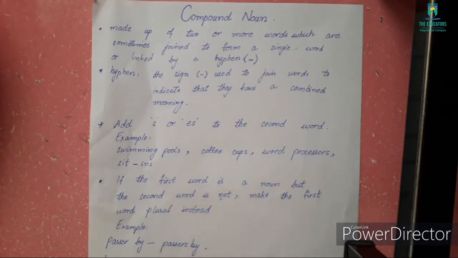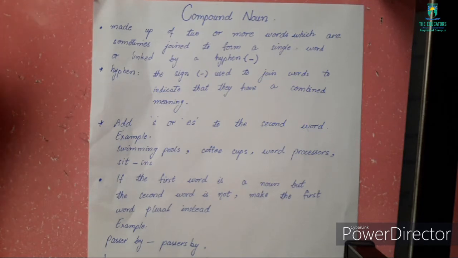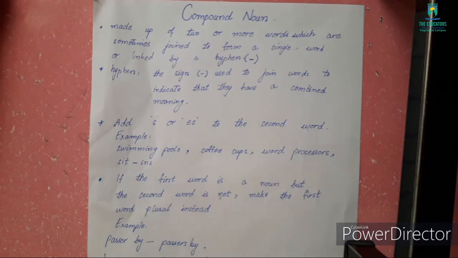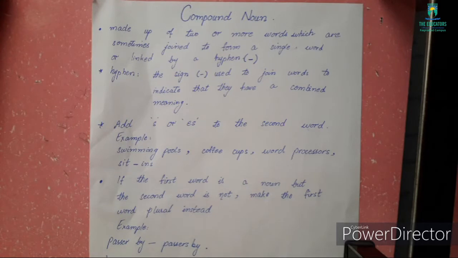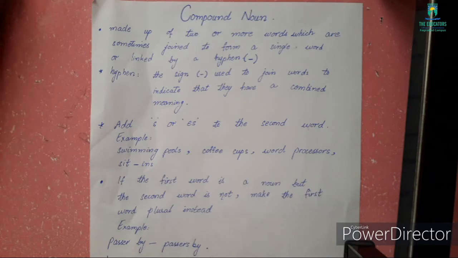For example, coffee cups. Now coffee is a separate noun and cups is another noun. So they have joined these two nouns and they make a compound noun, coffee cups. Similarly, another example can be swimming pools. Swimming is a word and pools is another word.